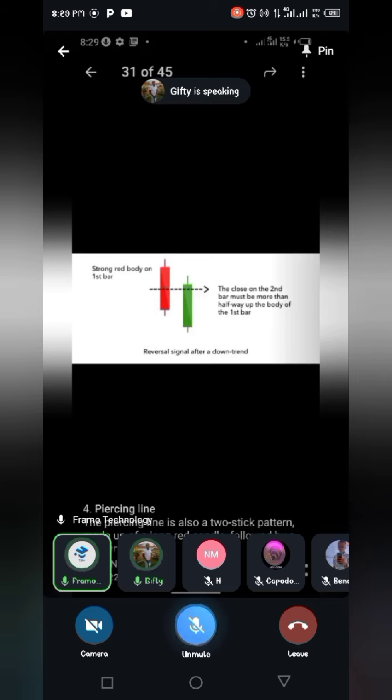If you can see, there's a line there showing that it has crossed half of the previous candle, and the buyers are taking over. If it doesn't cross half and doesn't close at half and you enter, it means you didn't wait for the pattern to complete. Hope this is also clear.